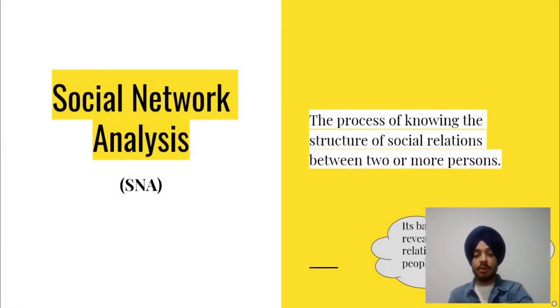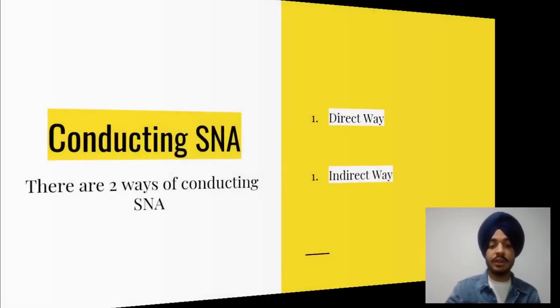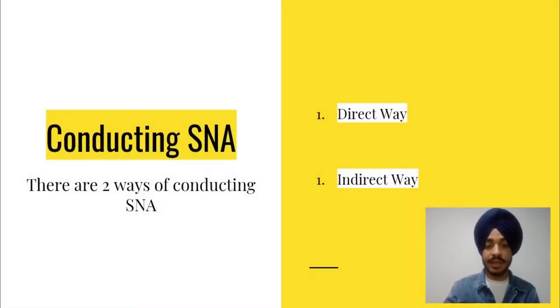So now we will talk about social network analysis. Social network analysis is a systematic effort to examine the structure of social relationships in a group. The main purpose is to uncover the informal connections between people. There are two ways of conducting social network analysis.